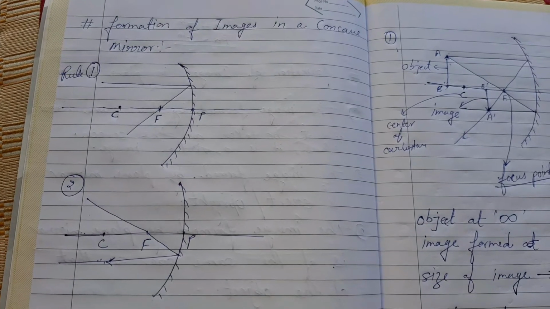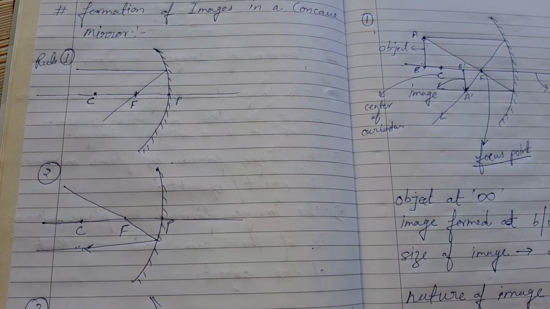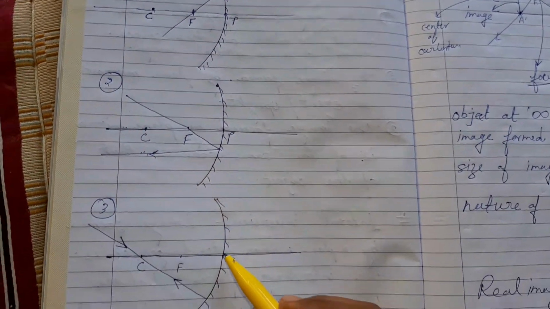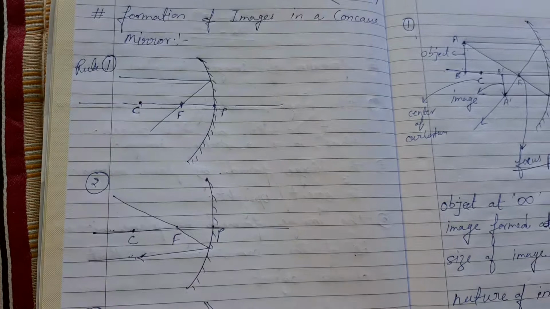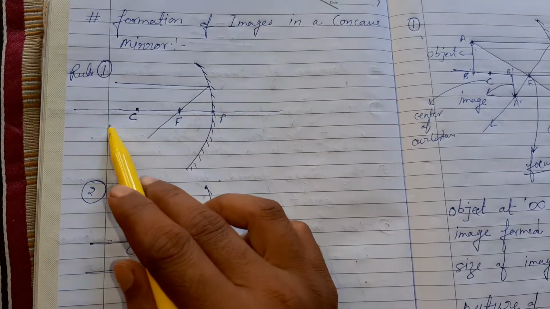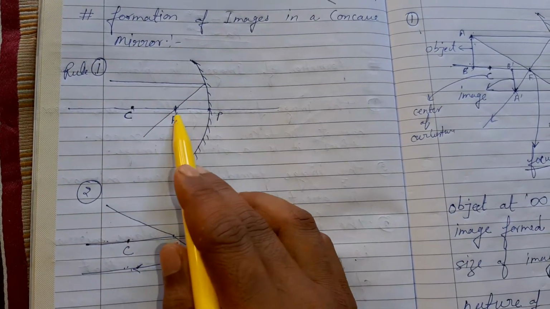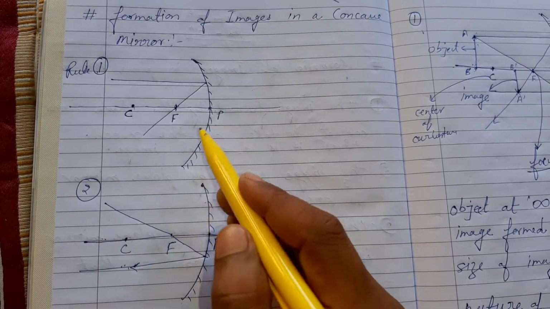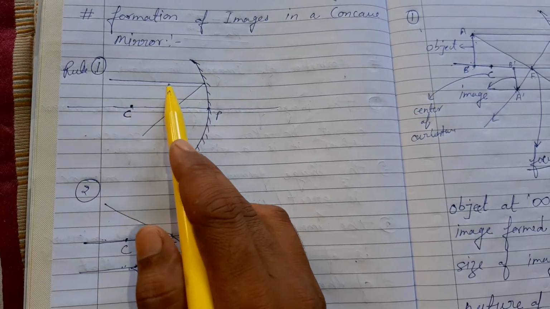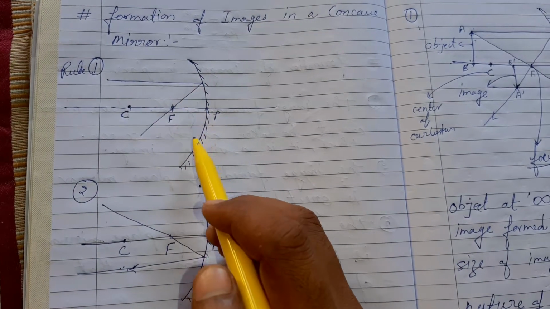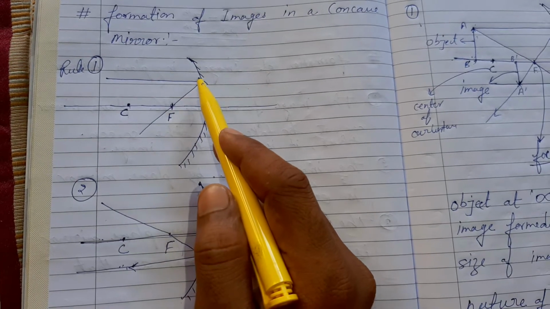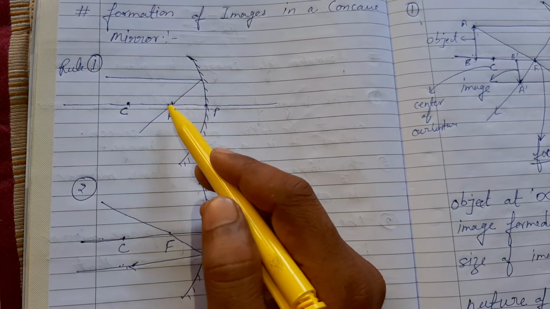In the previous class, I discussed the formation of an image in a concave mirror by three rules: rule number 1, rule number 2 and rule number 3. Again I repeat, this is the concave mirror and this is the principal axis. When a ray of light parallel to the principal axis falls on the mirror, after reflection it goes in this direction and passes through a point.